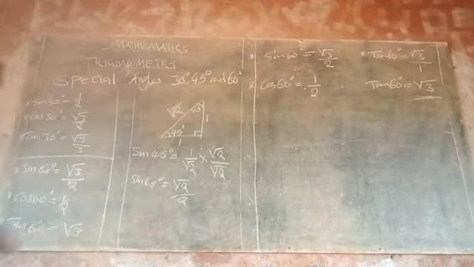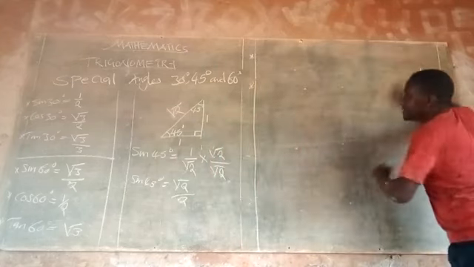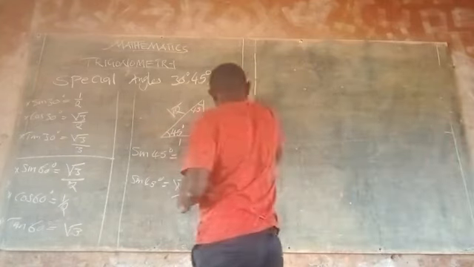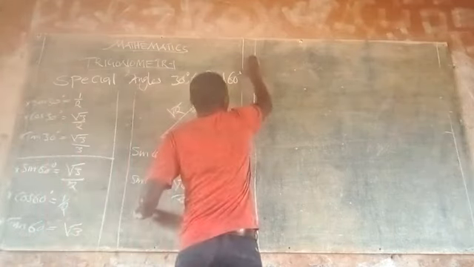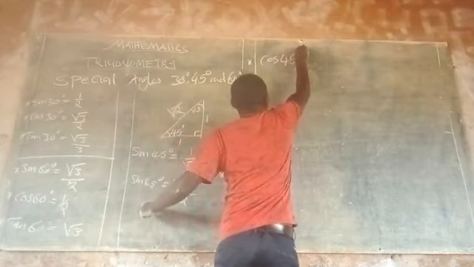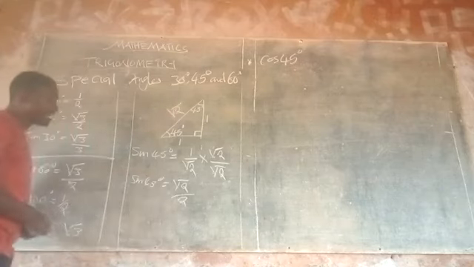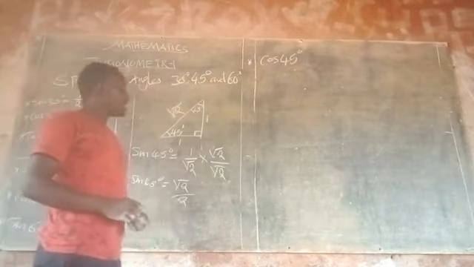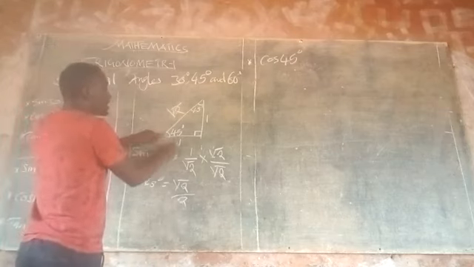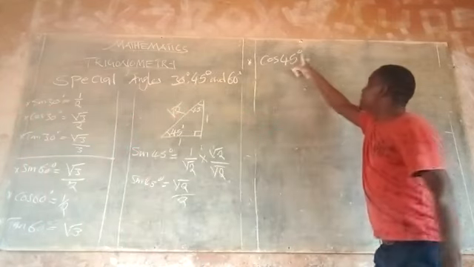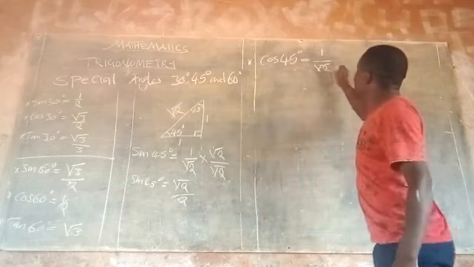Let's try to go for cos 45 degrees. We know that you can find cos by adjacent divided by the hypotenuse. The side adjacent to this angle is simply 1. So cos 45 degrees is 1 over the hypotenuse, which is root of 2.